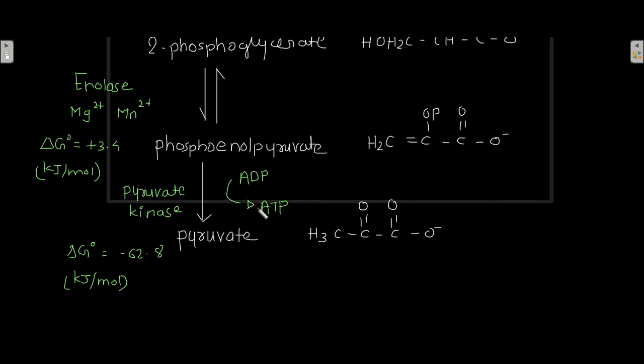As you can see, there is a loss of phosphate, and this high energy phosphate is accepted by ADP to form ATP. That is the reason why in this step we say substrate level phosphorylation is taking place.